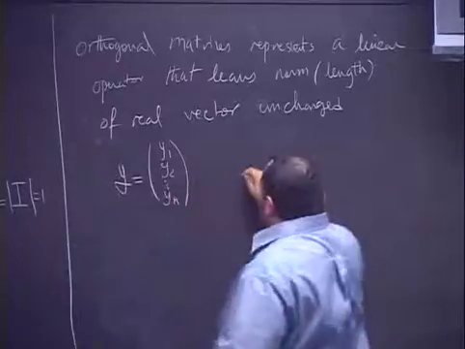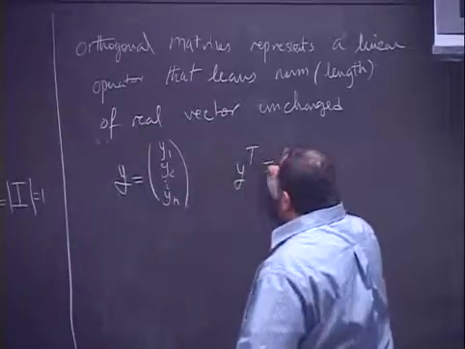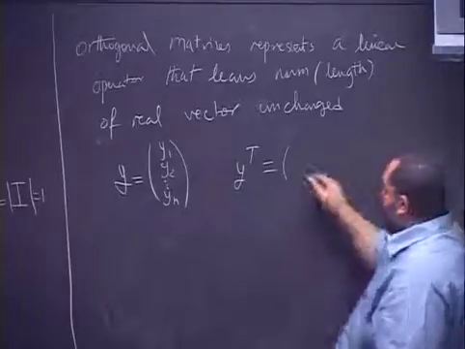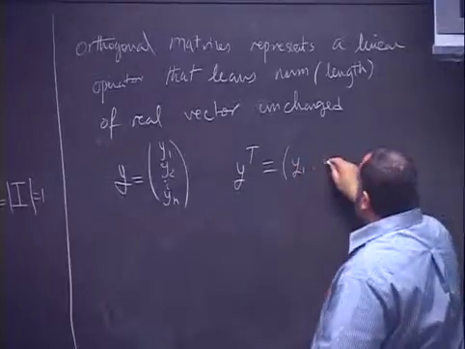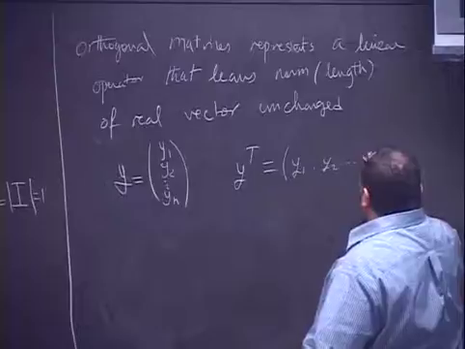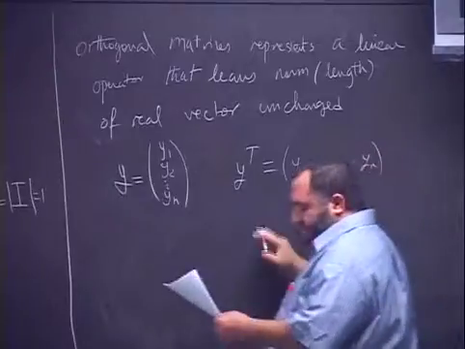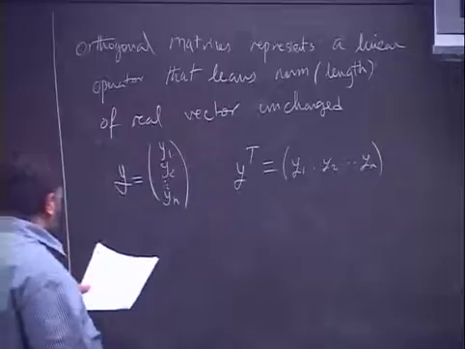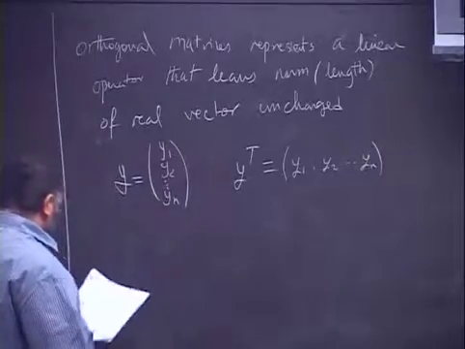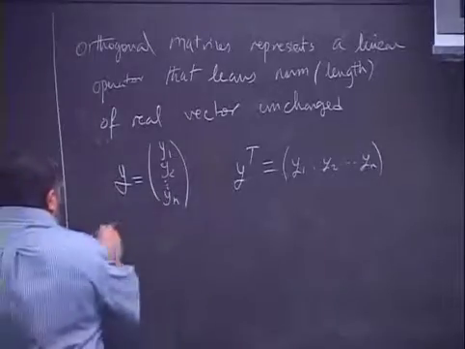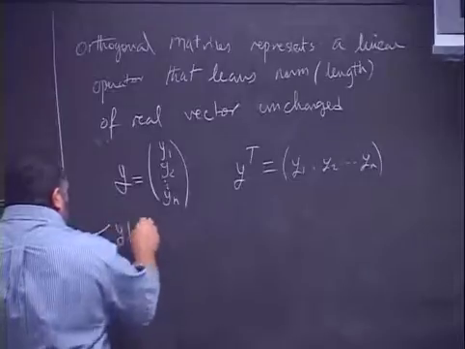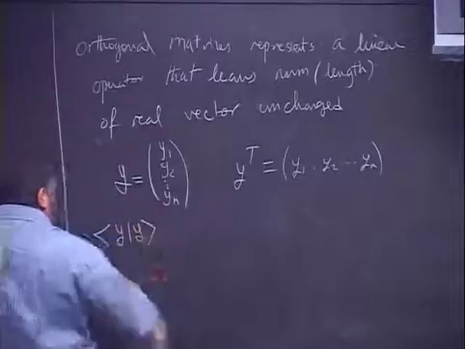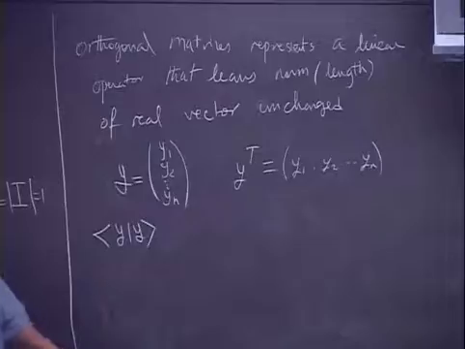What's y transpose? y1, y2, up to yn, written as a row instead of a column. If you want to get the norm of a vector, what is it? The sum of the squares of all elements.